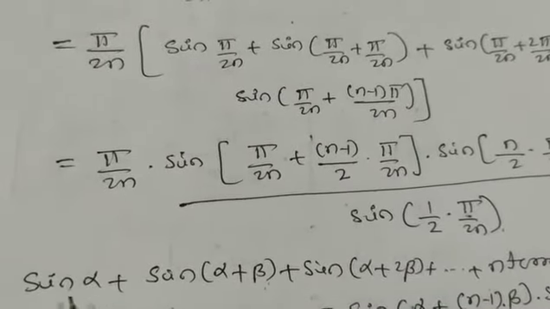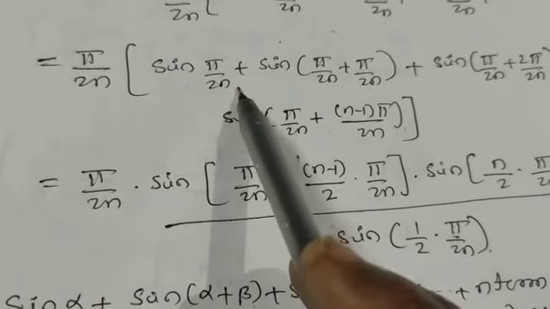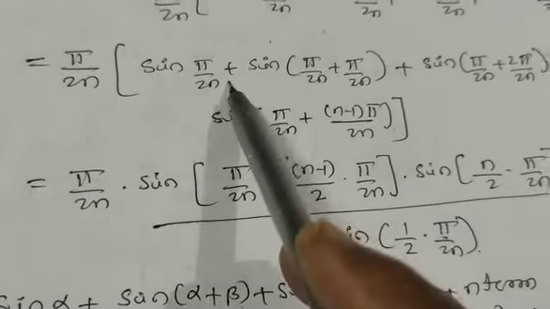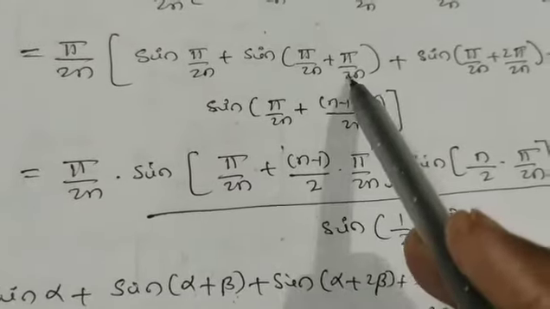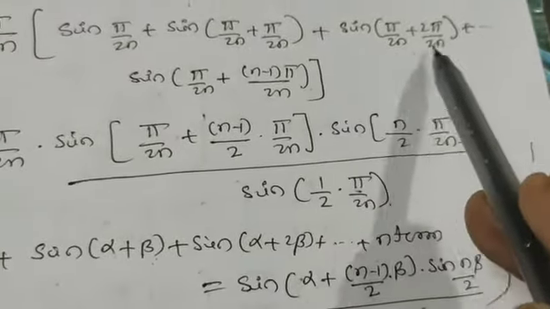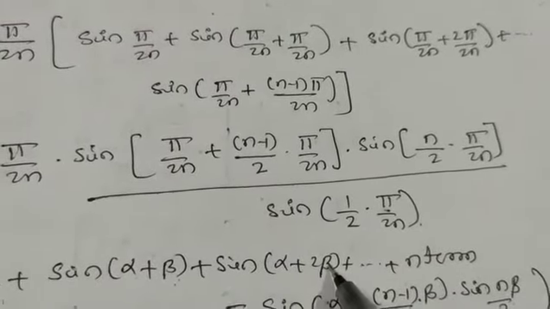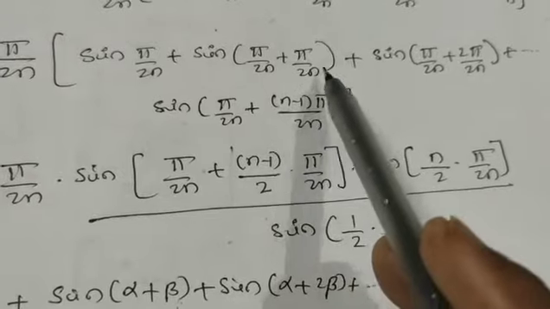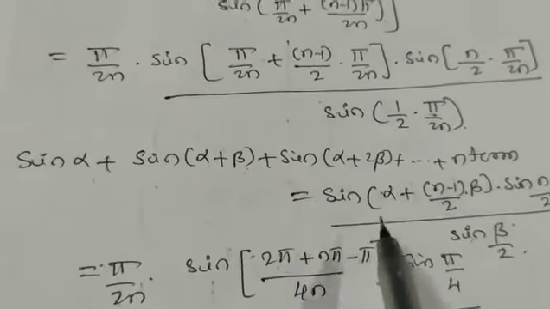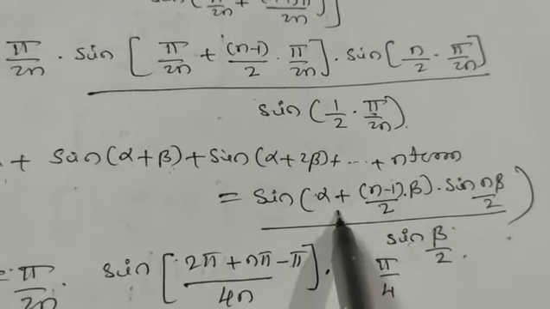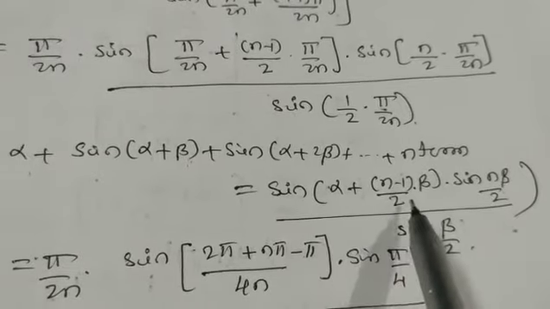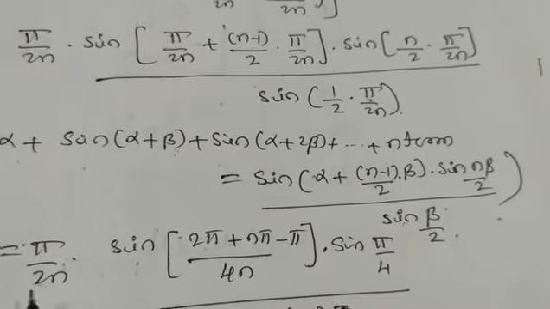Here sin alpha is sin pi by 2n, so alpha is pi by 2n, and beta is also pi by 2n only. So in this formula you just substitute alpha equals pi by 2n and beta equals pi by 2n. You will get this result here.